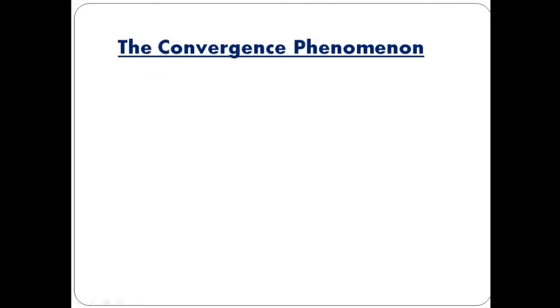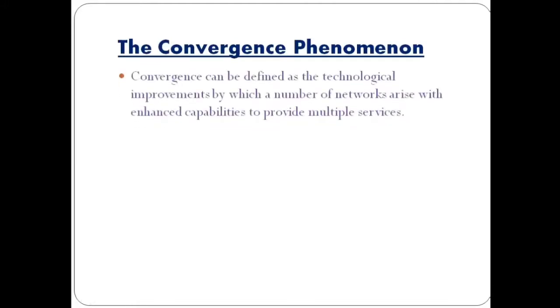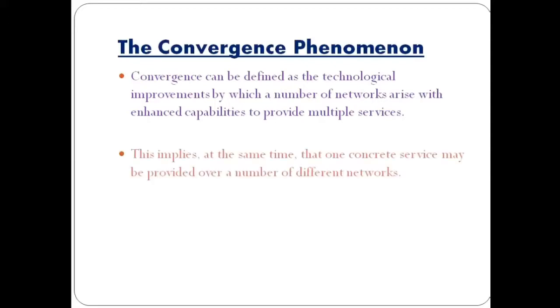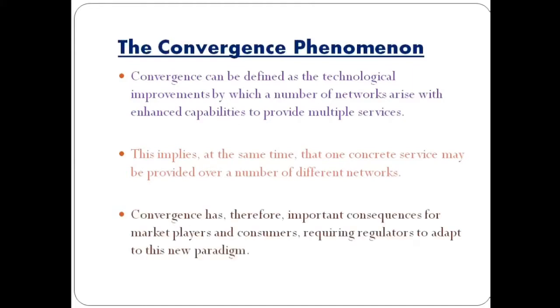Convergence is defined as the technological improvement by which a number of networks arise with enhanced capabilities to provide multiple services. It means that at the same time one concrete service may be provided over a number of different networks.